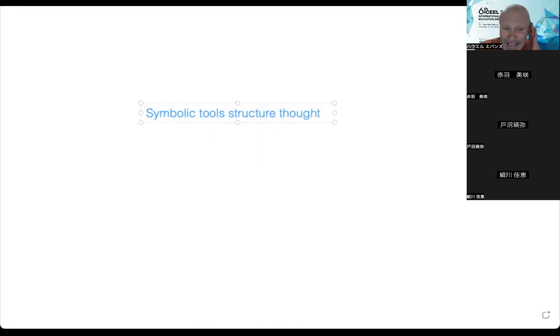I think it's quite easy to miss this point. So there is something going on inside, in other words. There's a kind of processing of information. So the symbolic tool structures thought, and the thought regulates activity. It allows us to solve the problem, for example, in this case.